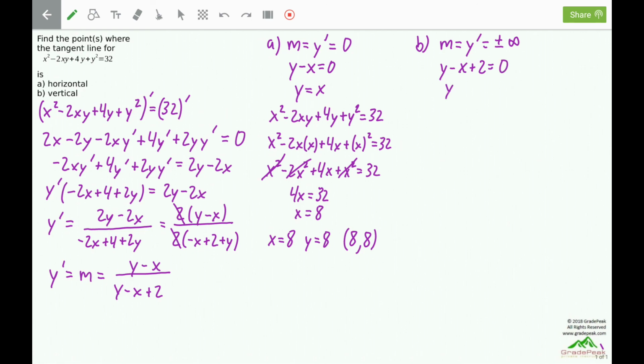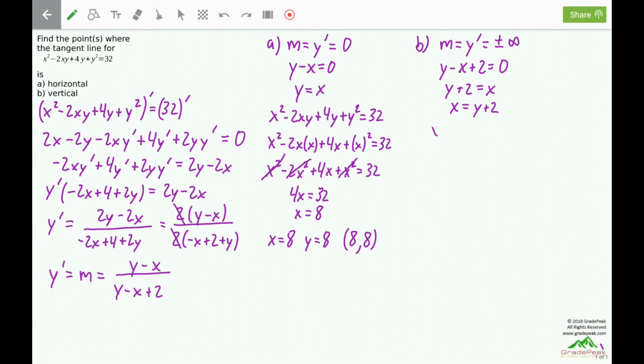We can add x to both sides, and that will give us y plus 2 equals x. It's possible to subtract 2 from both sides and put y in terms of x, but we can leave it as is and just say that x equals y plus 2. And that can be plugged into the original equation to be able to give us the points.